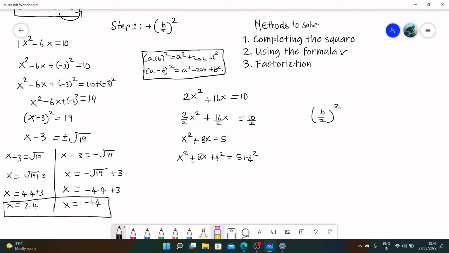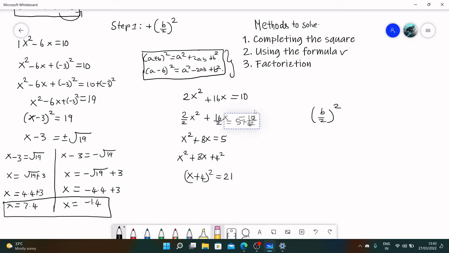Now we need to look at the two identities we have. Which one does this correspond to? It is similar to the first one. So we'll factorize this into (x plus 4) squared equals 5 plus 16, that is 21.